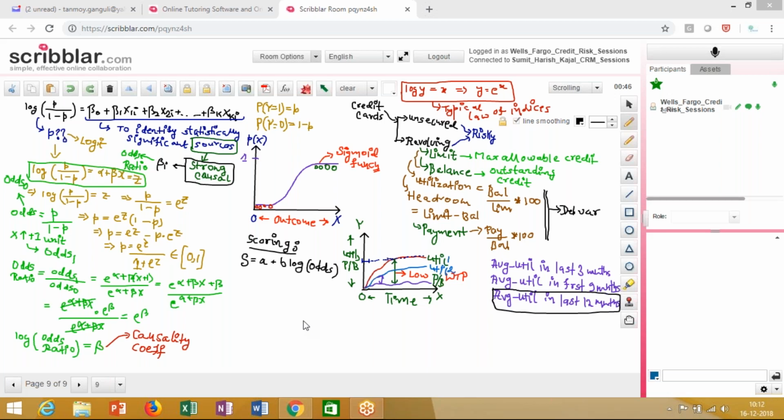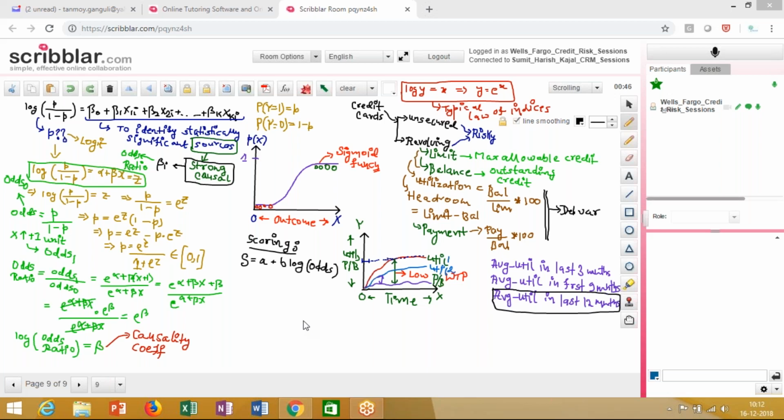If your y equal to 1 is that y equals 1 if the borrower defaults in the next 12 months, then as your odds increase, your chances of being a defaulter relative to being a non-defaulter increases. And as such, the score will go down.